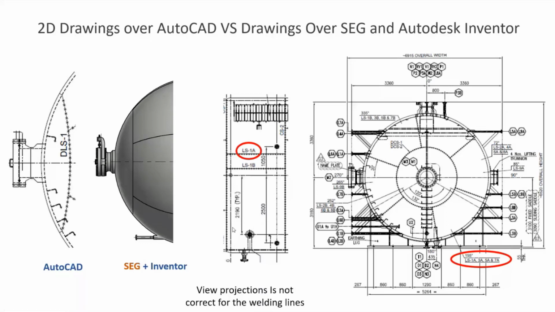So something like that on 2D drawings may take place because the draftsman or the engineer can forget or miss something when calculating or getting the projection views for the vessel.